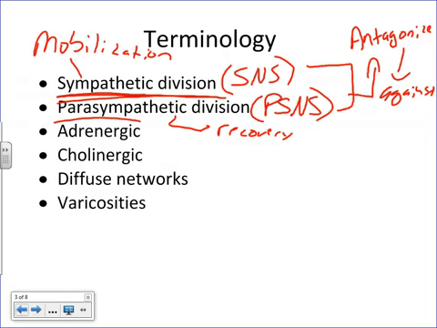Some of those changes are increased heart rate and increased breath rate. It feels like your vision and perception of the world has improved because your pupils dilated. We can sit here and list a bunch of different effects, but I'm not going to do that right now. But you get the picture.